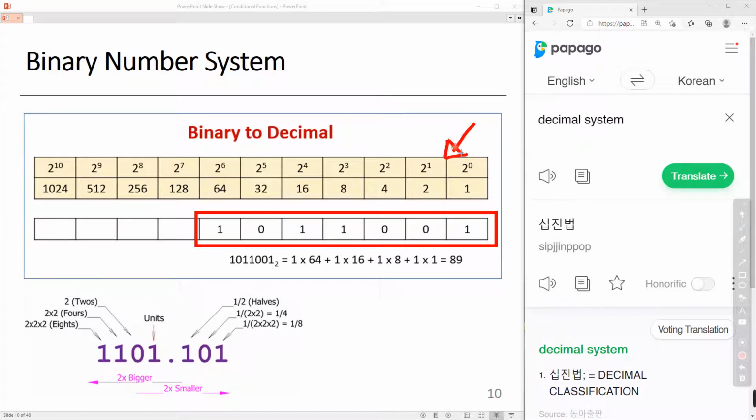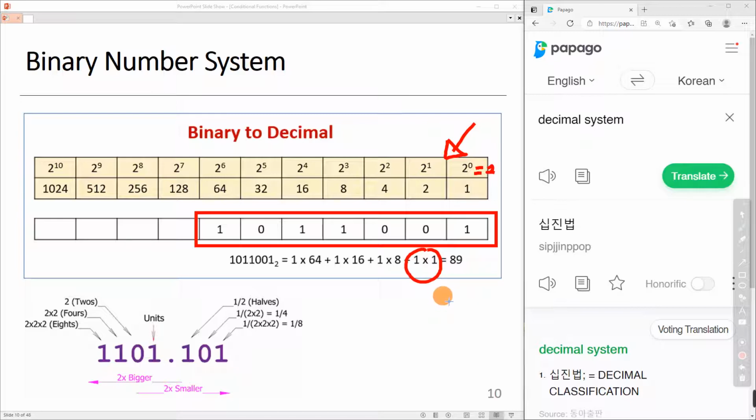This table is useful. 1 should be multiplied by 2 to the power of 0. So we take this 1 and multiply it by 2 to the power of 0. 2 to the power of 0 is equal to 1. 1 multiplied by 1.